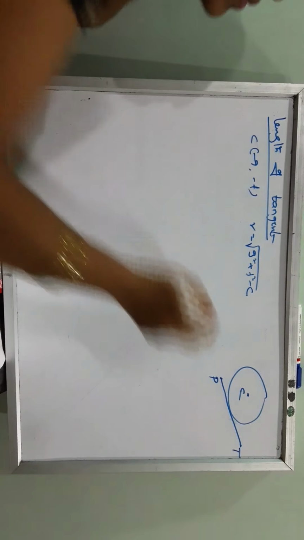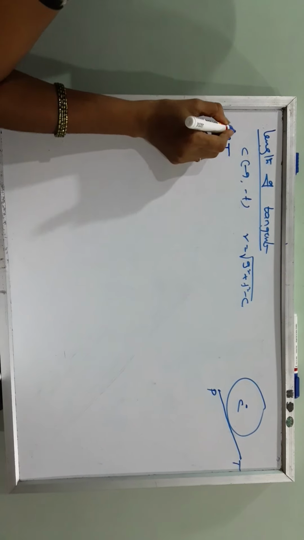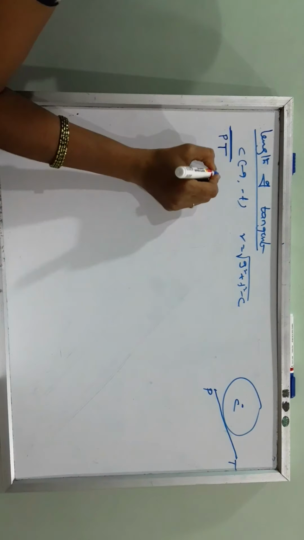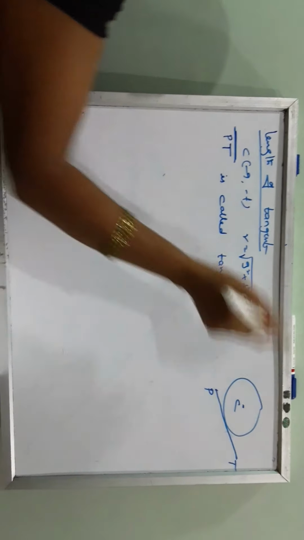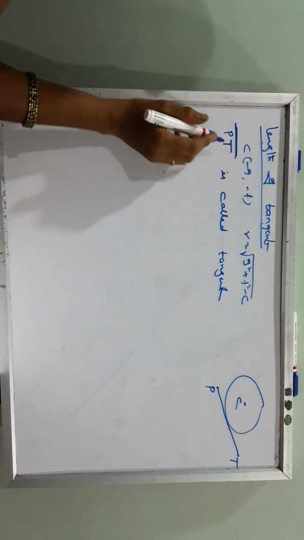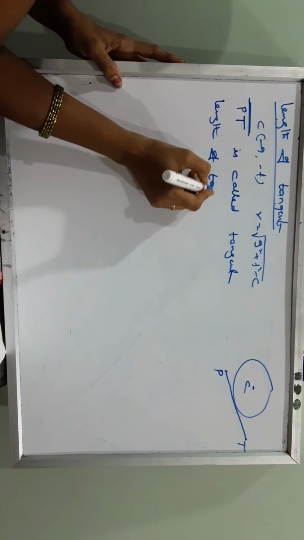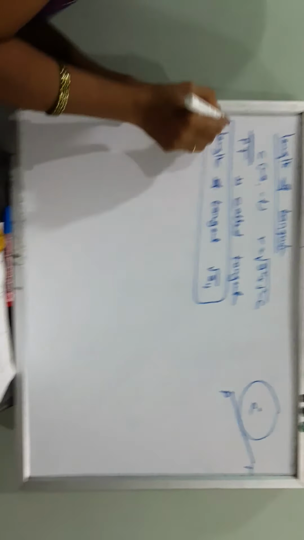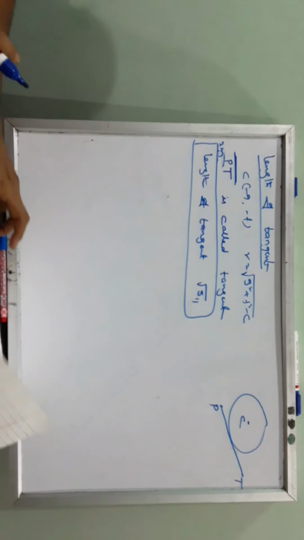The distance from P to T is PT, and PT is called a tangent of the given circle. The length of tangent is denoted by root S11. This is very important for 2 marks questions. Length of tangent is root S11.